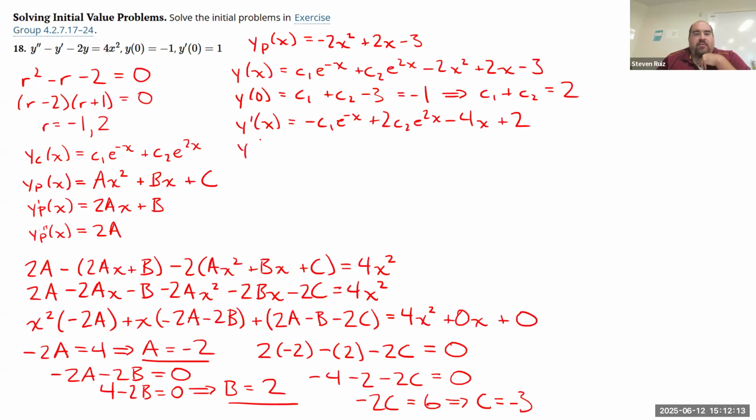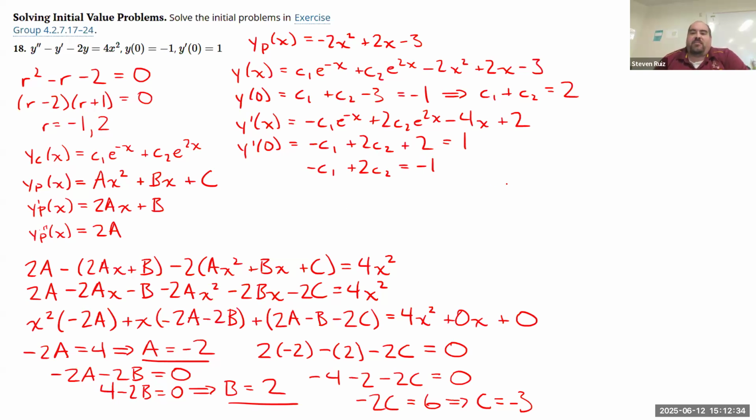Then y prime of 0 equals negative c1 plus 2c2 minus 4 times 0 plus 2 equals 1. So negative c1 plus 2c2 equals negative 1.